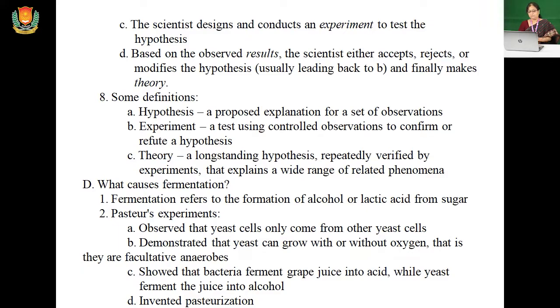Now, fermentation is the use of the substrate, the sugar, and there will be production of alcohol. Pasteur contributed a lot because most of the wine production in different industries was suffering at that time. Pasteur observed that the wine was spoiled because of the production of a lot of acid, and it was not fit for human consumption.